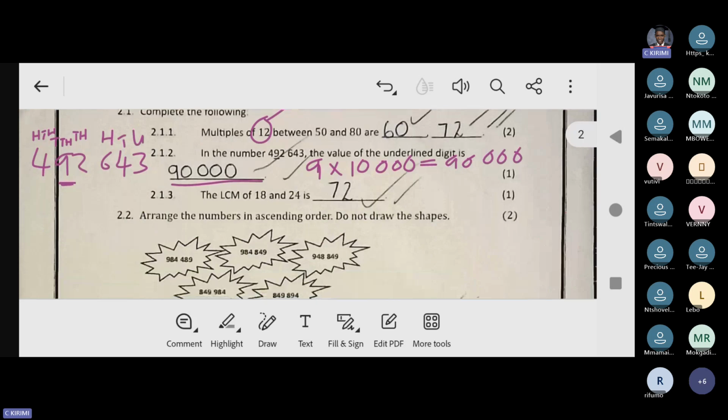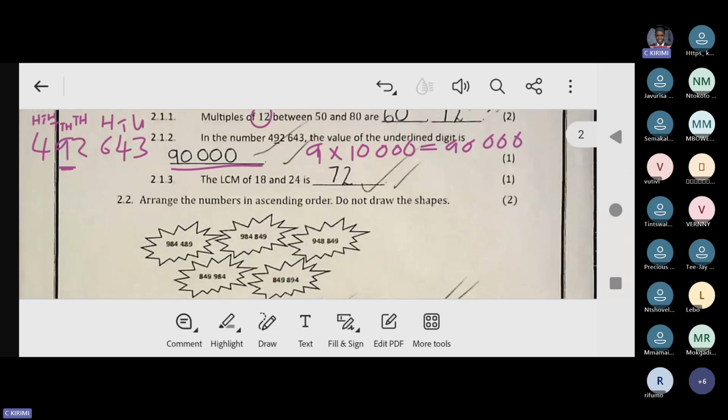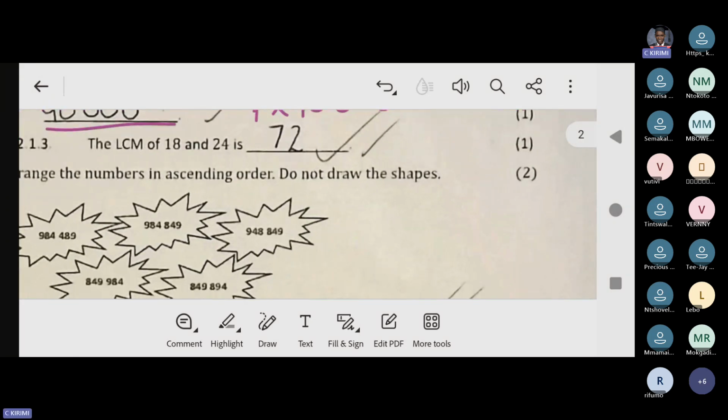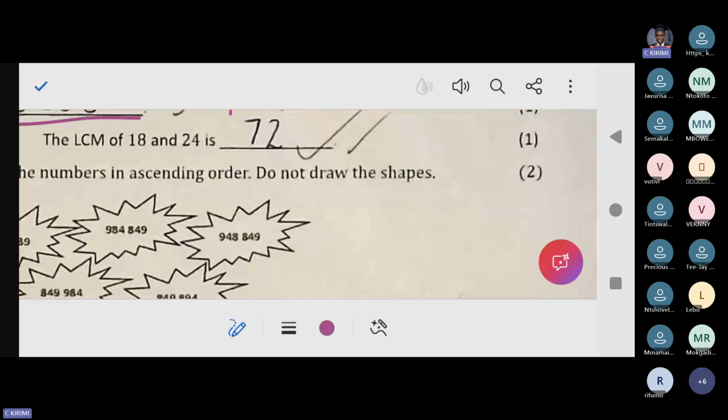Then if they say the lowest common multiple of 18 and 24. First, you must know what are the multiples of 18 and what are the multiples of 24. So first, let's have the multiples of 18, where we keep on adding 18.